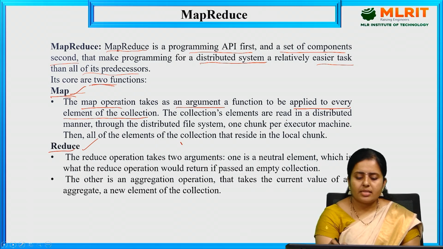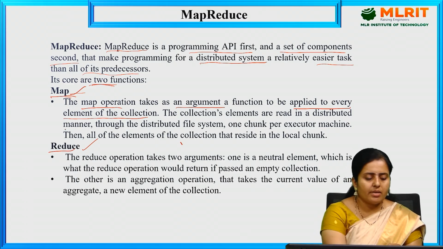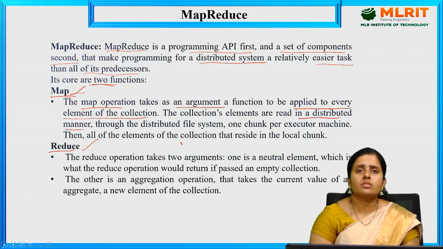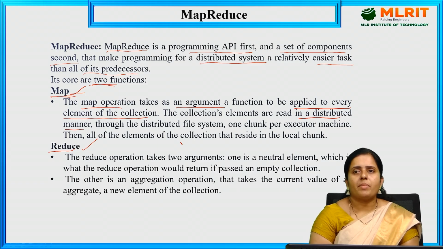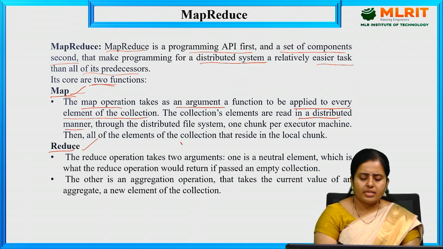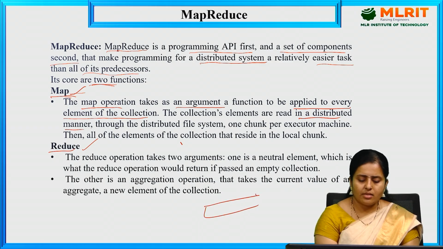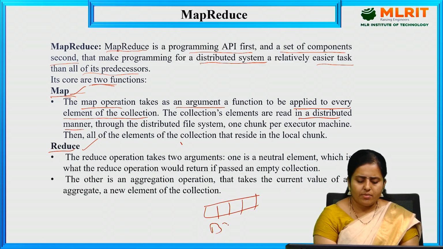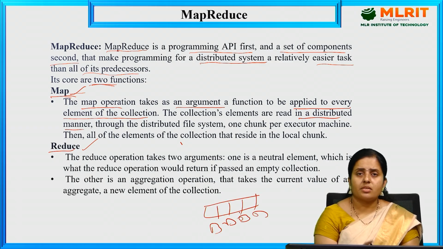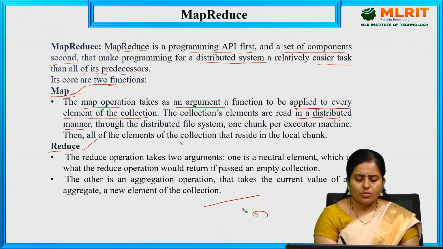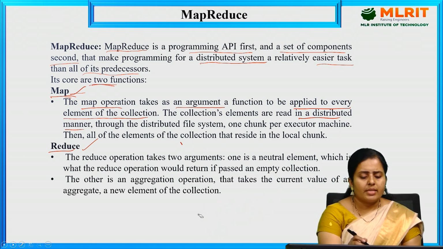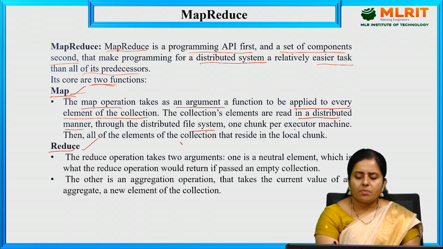The collection's elements are read in a distributed manner. As I have told you, stream processing works in a distributed manner. So the collection is divided in a distributed manner, and like this we will get multiple distributions, through the distributed file system, one chunk per executor machine.